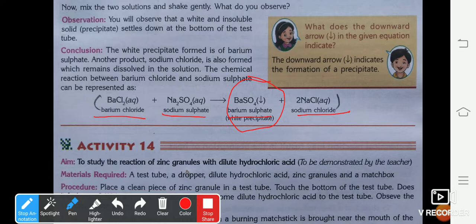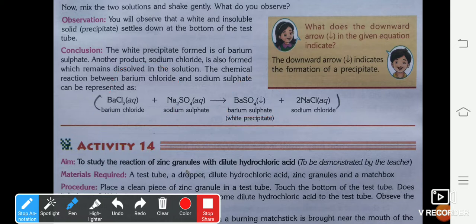Why do I call it a double displacement reaction? Because barium comes in place of sodium and sodium comes in place of barium. You can clearly see an exchange of cations takes place. Therefore it is a double displacement reaction. Here barium is displacing sodium, and at the same time sodium is displacing barium. Therefore the products are barium sulfate plus sodium chloride.